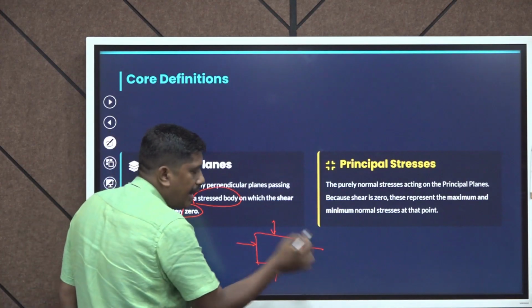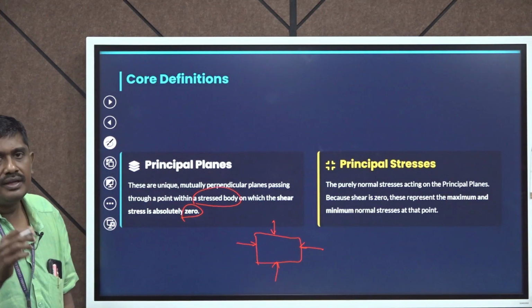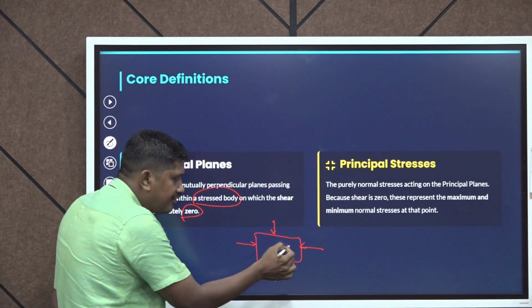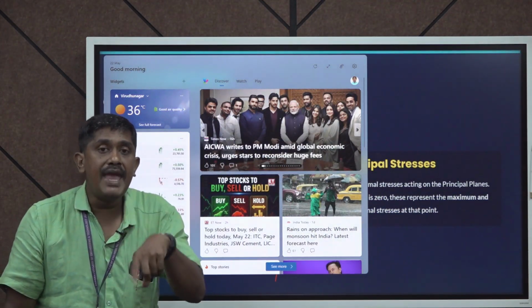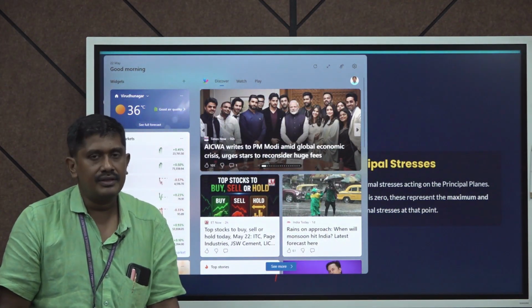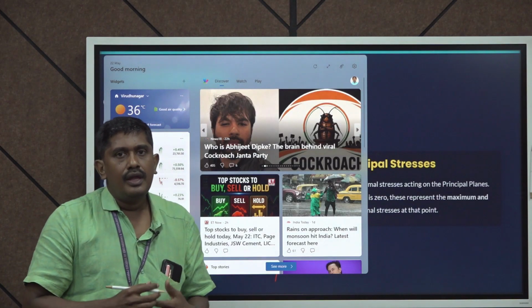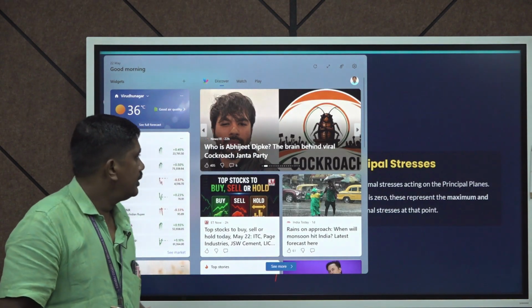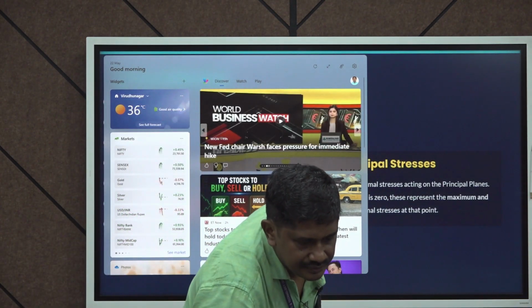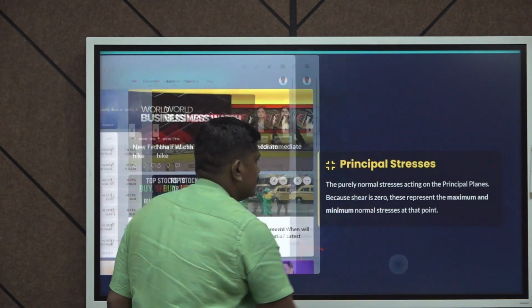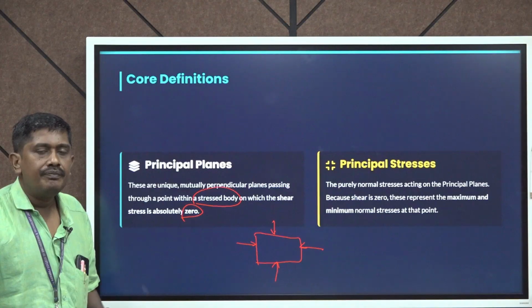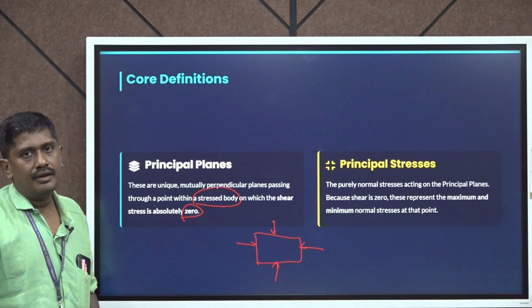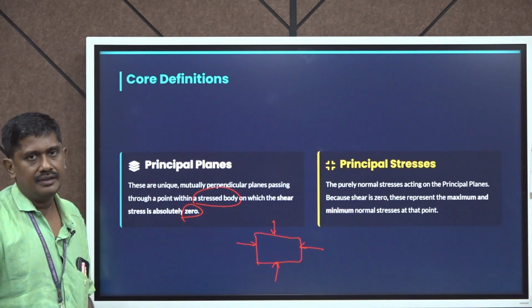At that plane, a crack may be created along the planes. It will be visualized during testing, tensile testing or compression testing. Okay.